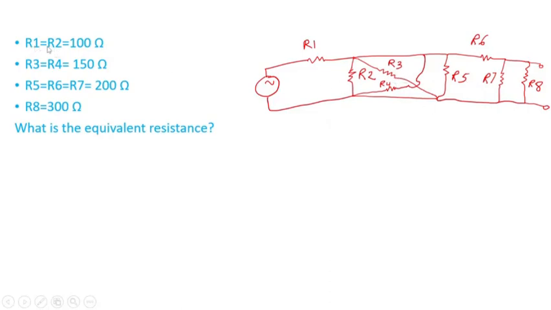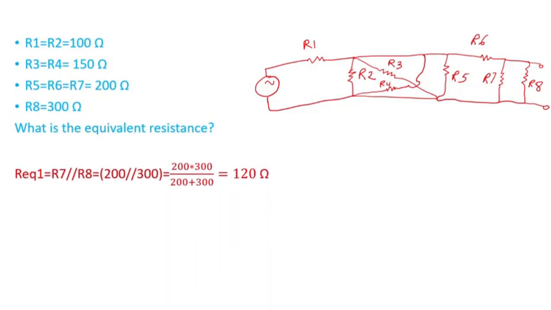R1 and R2 are 100 ohms, R3 and R4 are 150 ohms, R5, R6, and R7 are equal to 200 ohms, and finally R8 is equal to 300 ohms. So what is the equivalent resistance?